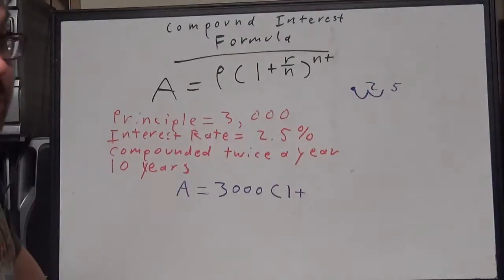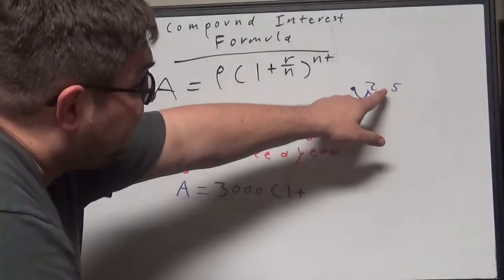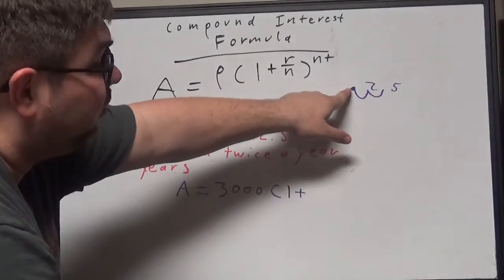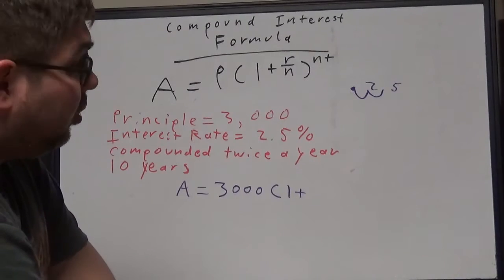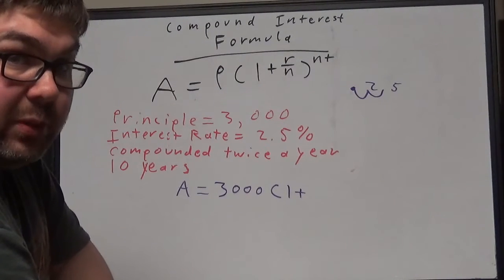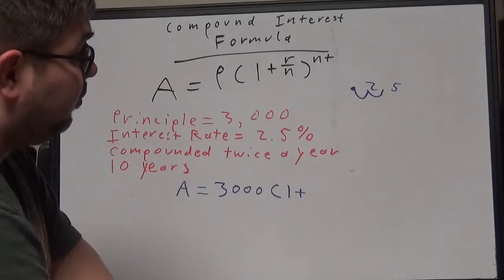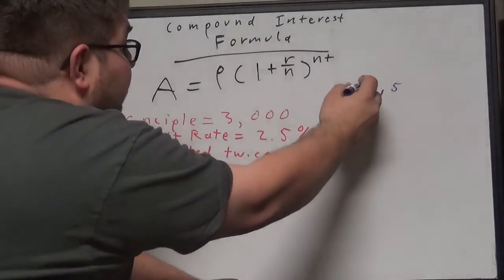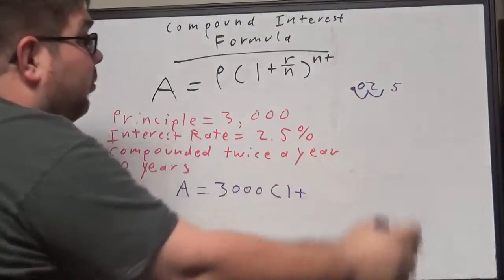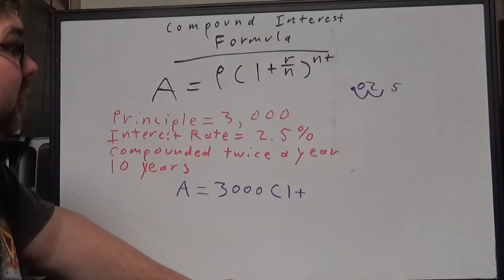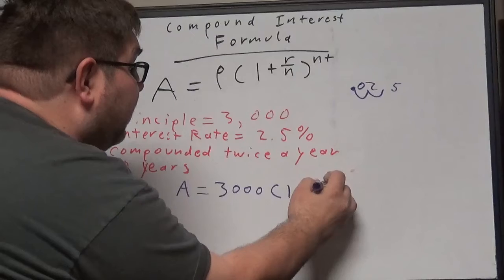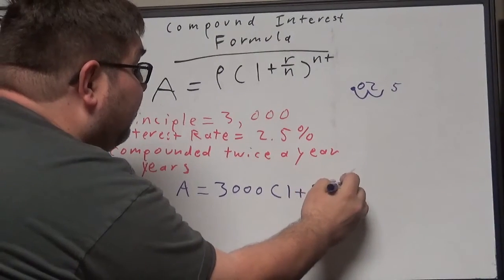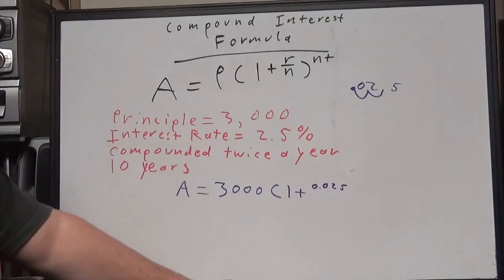Make a new decimal. This decimal was moved 2 spots to the left. We have a blank space. Well, what do I do if I have a blank space? I fill it in with a 0. So our decimal is now 0.025. Got that?